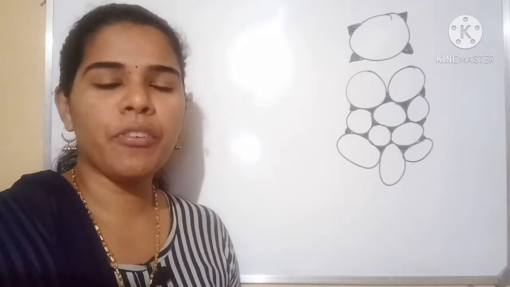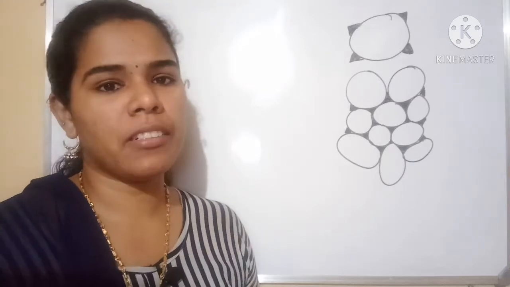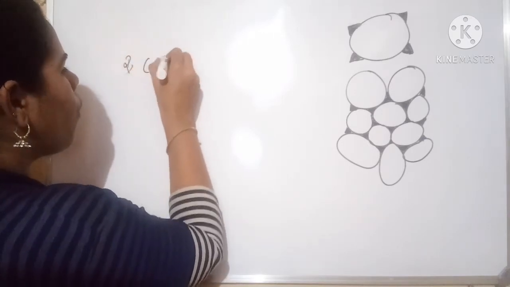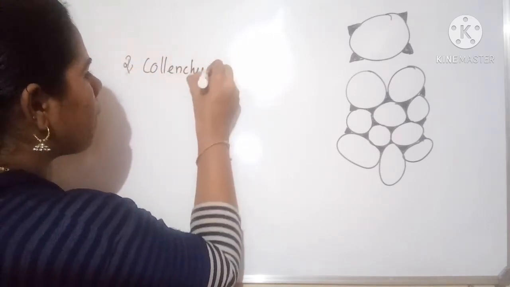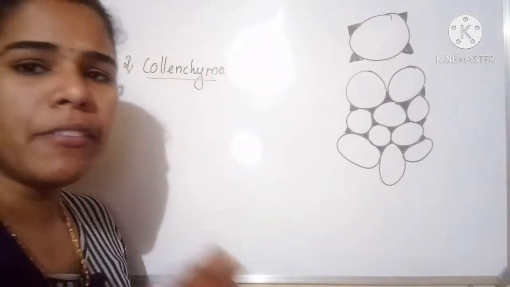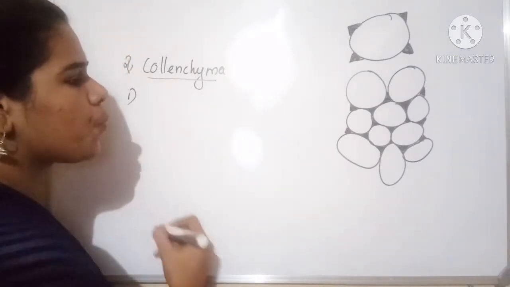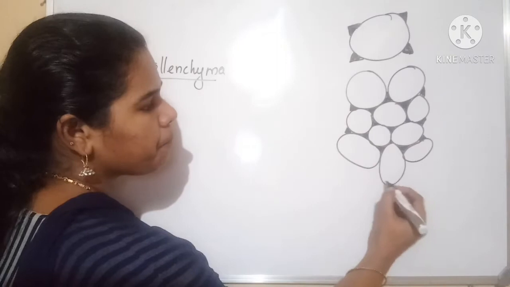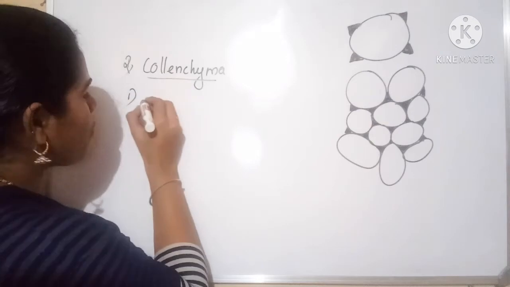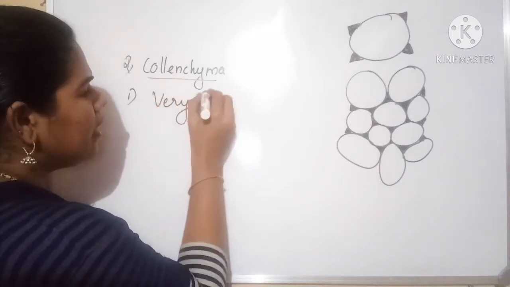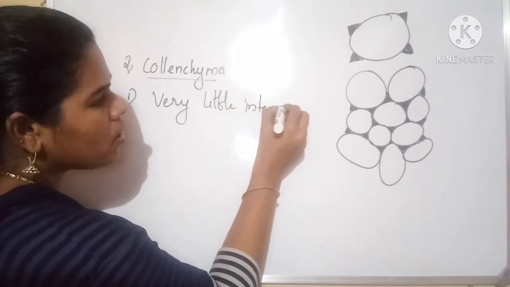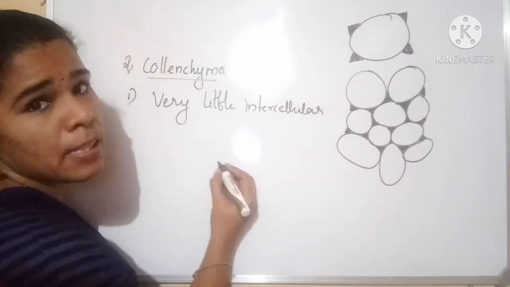Okay, the second type of simple permanent tissue is collenchyma. The main features of collenchymatous tissue are, first, they have small or very little intercellular space.